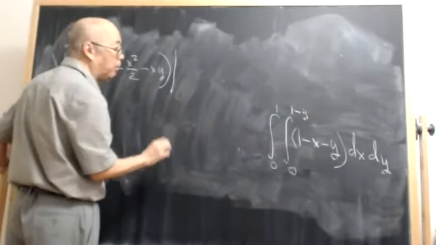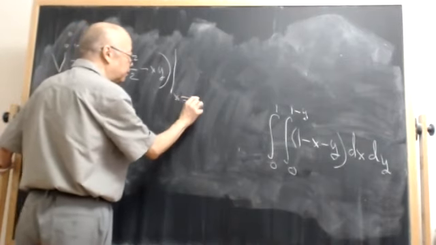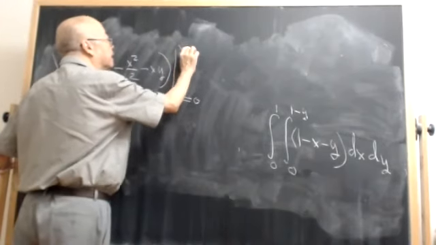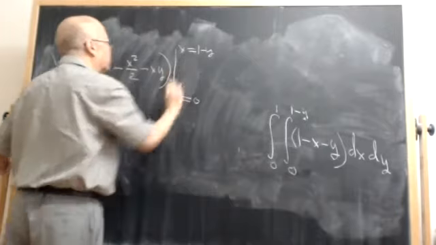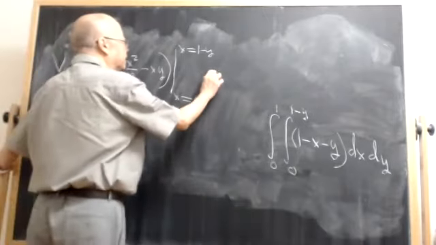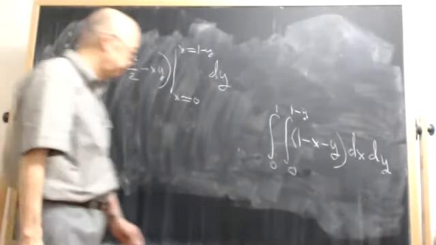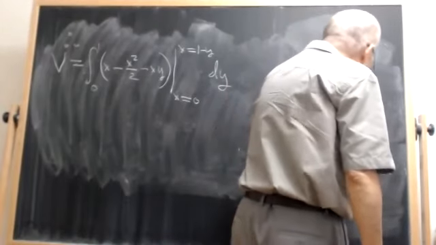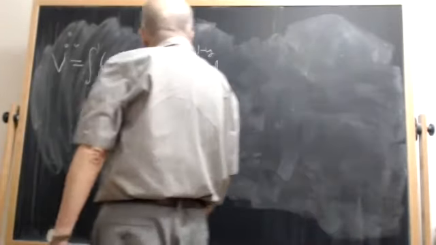I think it's better to write it as x equals 0, x equals 1 minus y, and then dy. In other words, we integrate with respect to x first and then y.